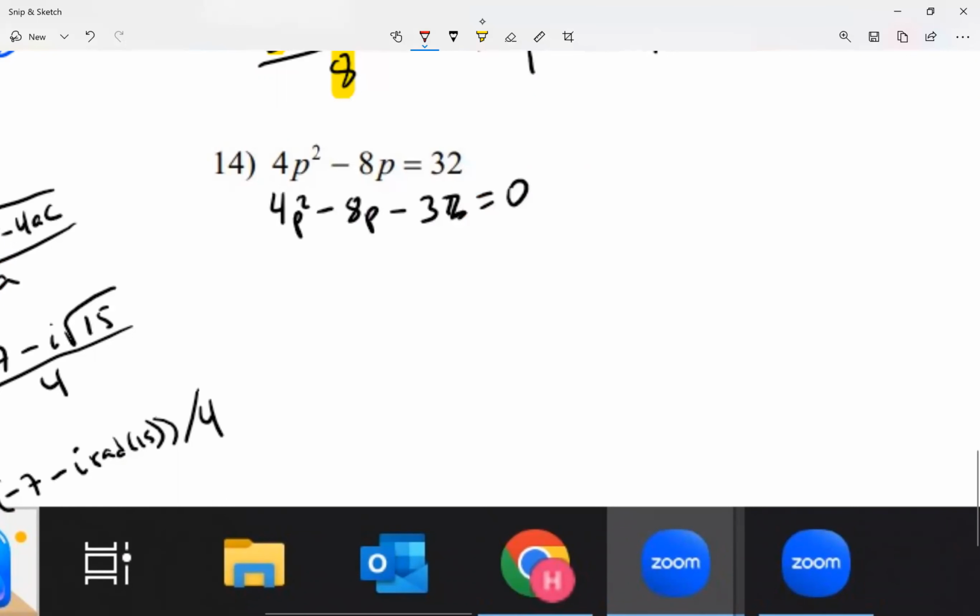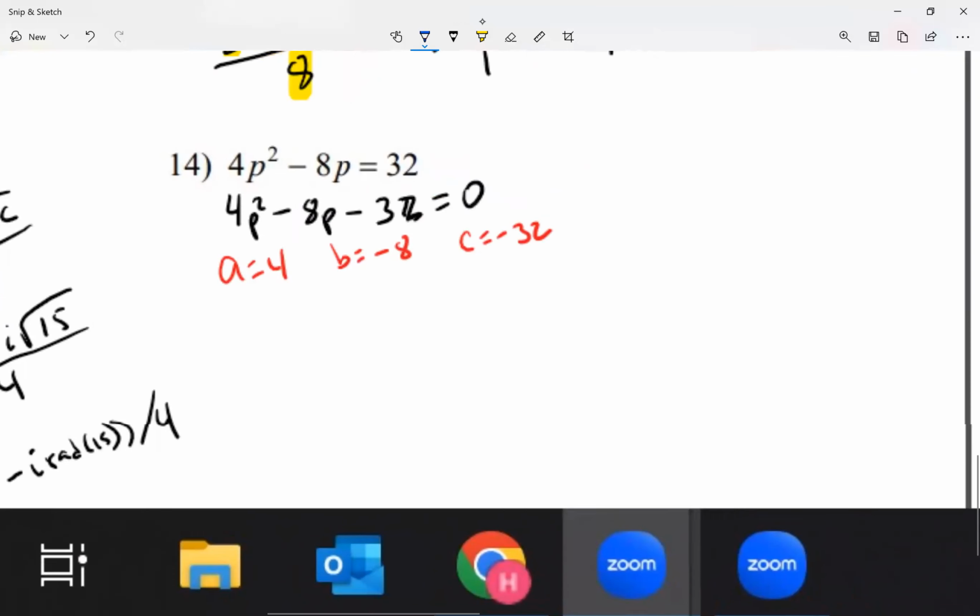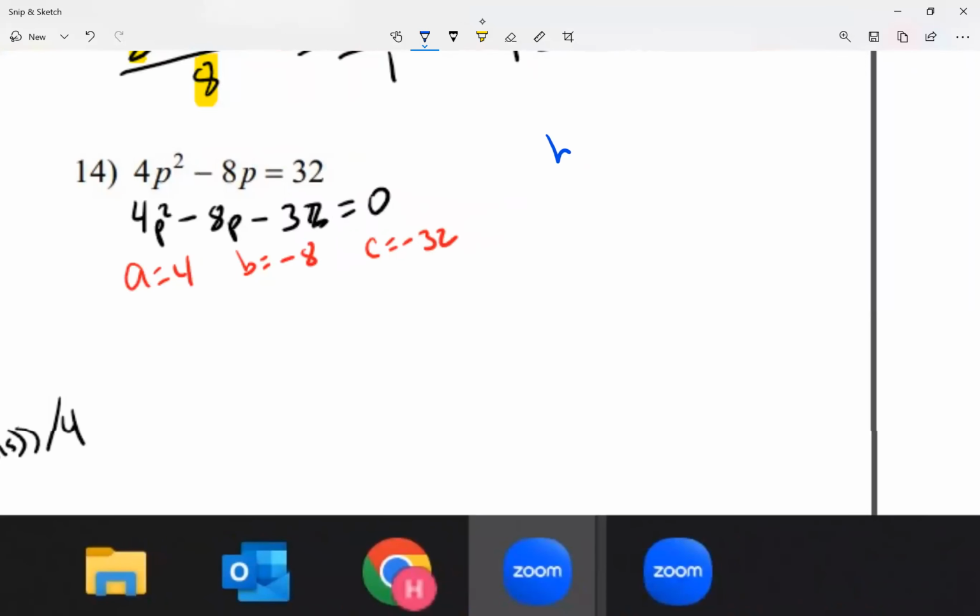Based on this, my a is 4, my b is negative 8, and my c is negative 32. I'm going to work my discriminant first: b squared minus 4 times a times c. So I have negative 8 squared minus 4 times 4 times negative 32.